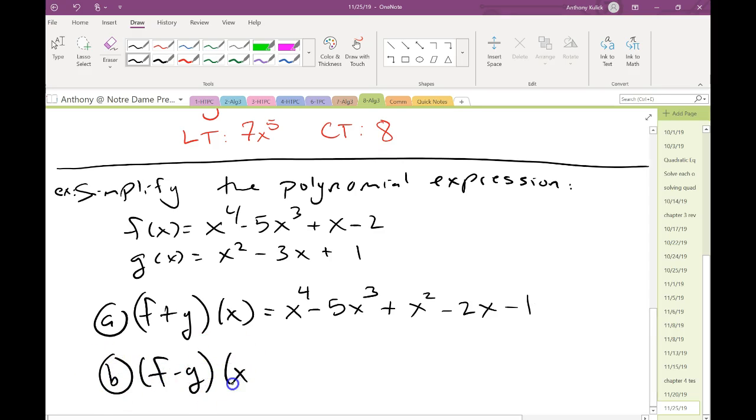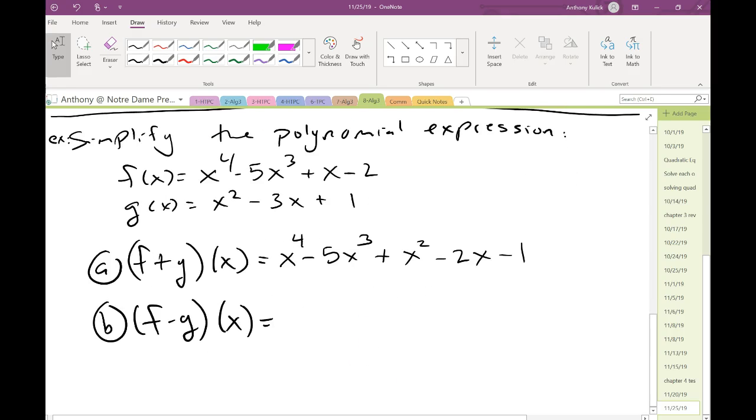What if I do f minus g? Nope, we're still not going to do the grid here. We're going to combine like terms, but we've got to be a little bit careful here because of the subtraction.